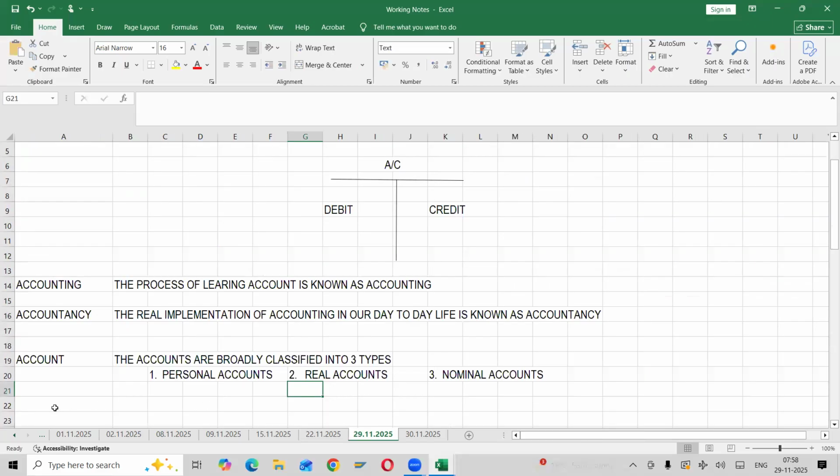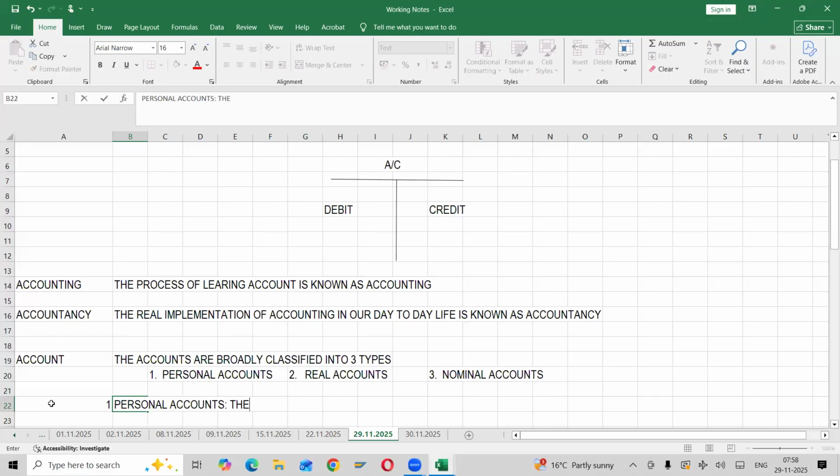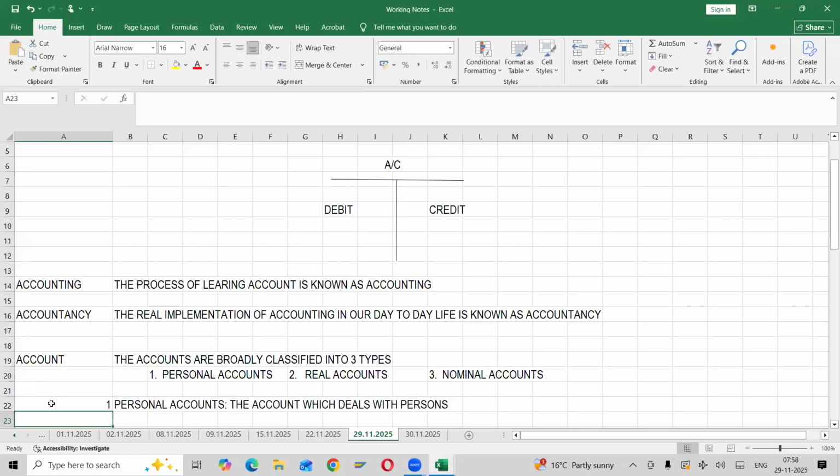What do you mean by personal account? Simple. The account which deals with persons is known as a personal account.